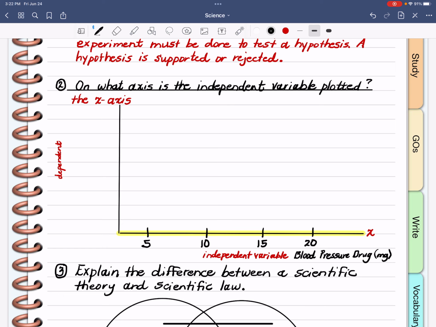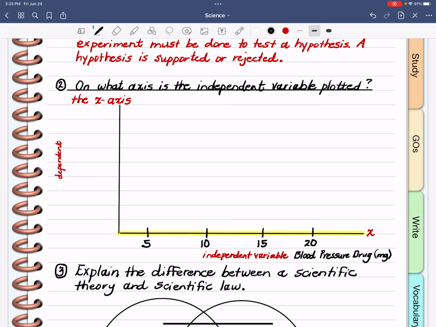This is the thing that the doctor can control, that Sam can control. How many of these pills he takes is entirely up to him. So on the dependent variable, what is the dependent variable going to be? A dependent variable is a factor with a value that depends on the independent variable.